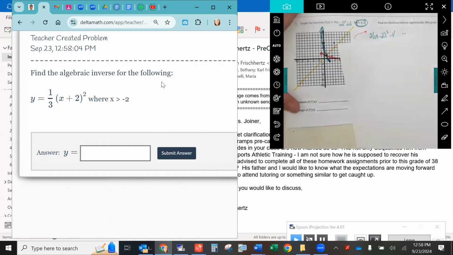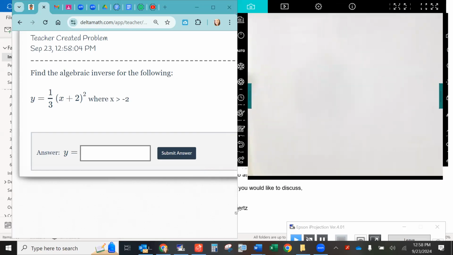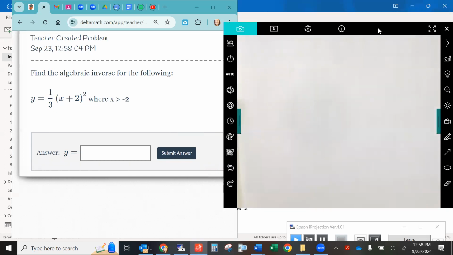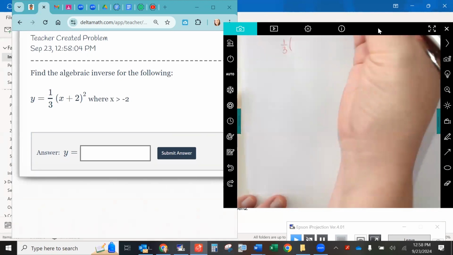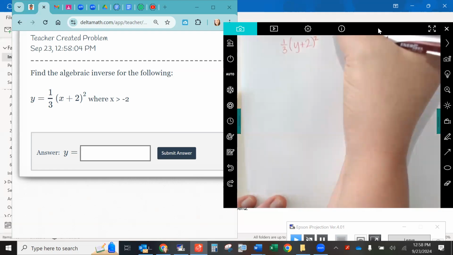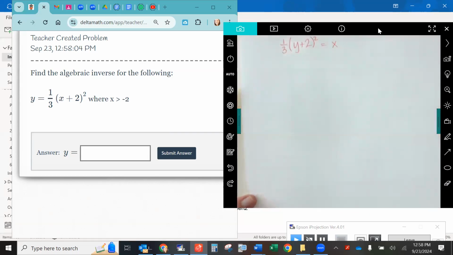Okay, on your paper, I want you to write down the equation. But you're gonna put the y to replace where the x was, and the x is gonna replace where the y was. This is the first quadratic. So it's 1/3. Instead of an x plus 2, I'm gonna put a y plus 2, and then equals x, just like that.